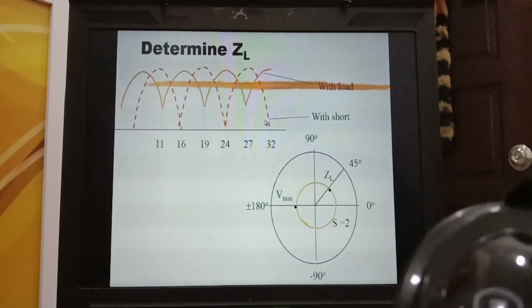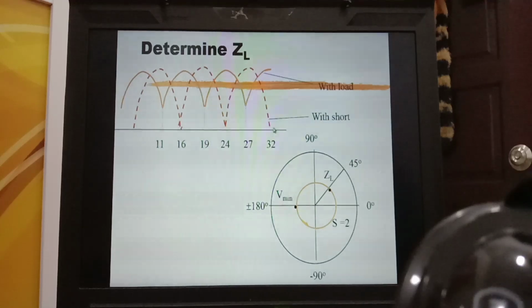That means at the end of the transmission line we have a minimum, and this minimum will repeat every half wavelength, in such a way that the minima occur at 16 cm, 24 cm, 32 cm, and so on.